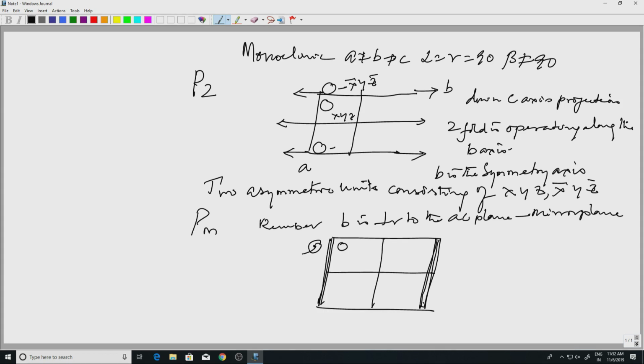It gets reflected. So x, y, z becomes x, y bar, z. Obviously along the B axis unit translation brings it here. Now we can see a mirror getting generated or operating at b by 2. Now it is x, y, z, x, y bar, z.